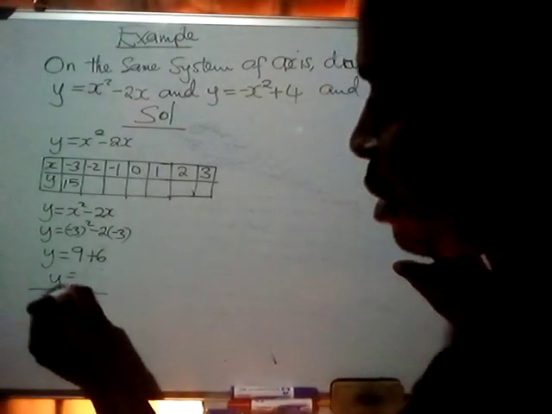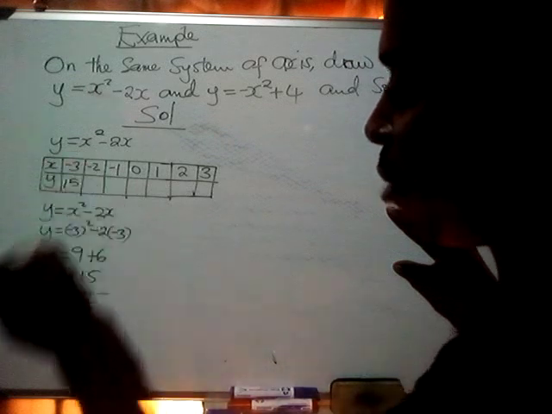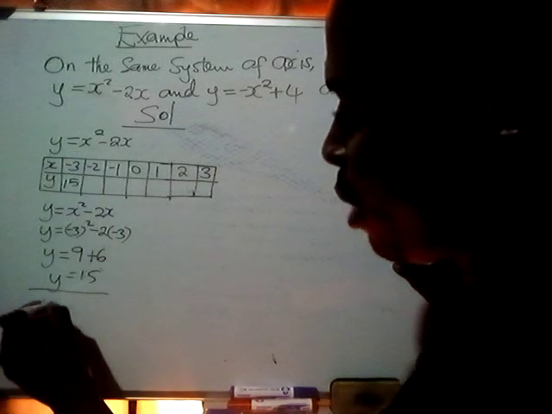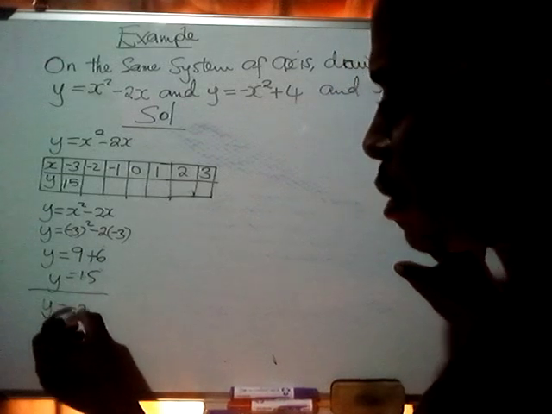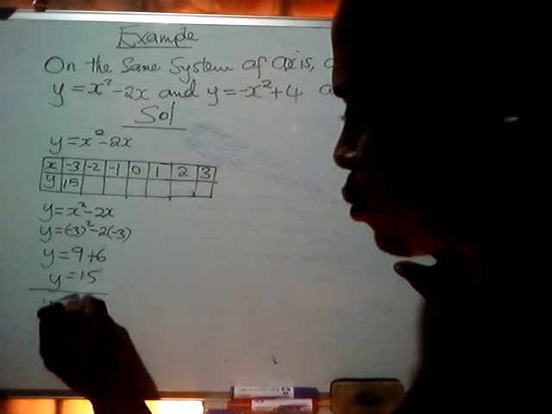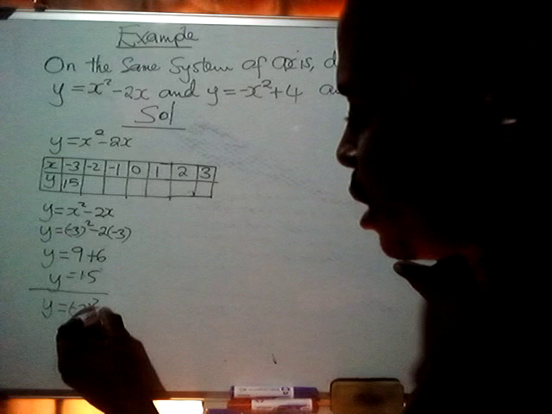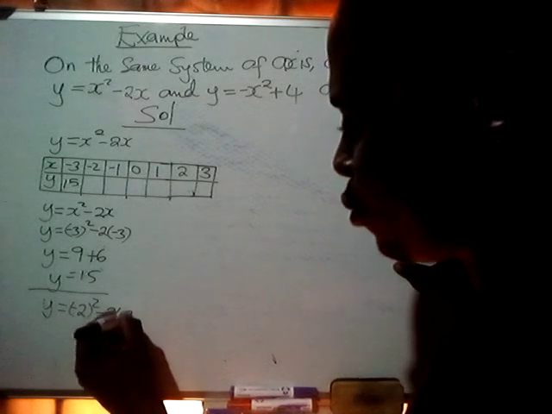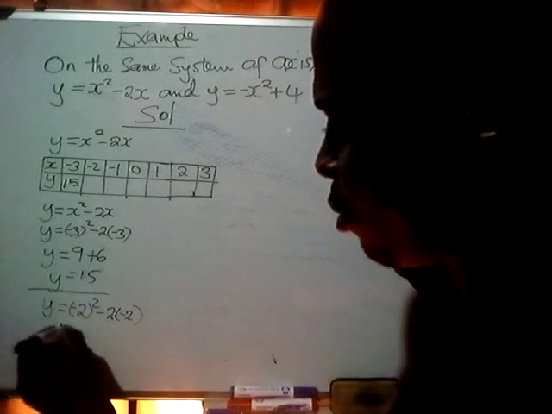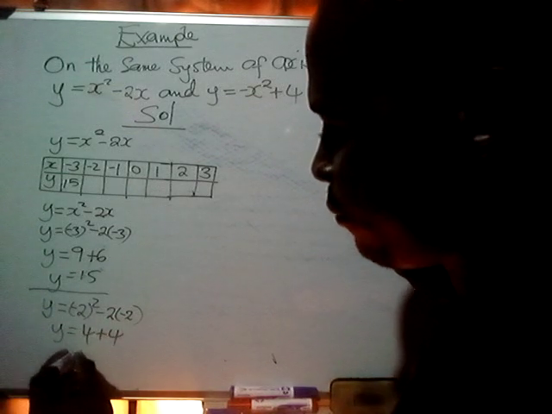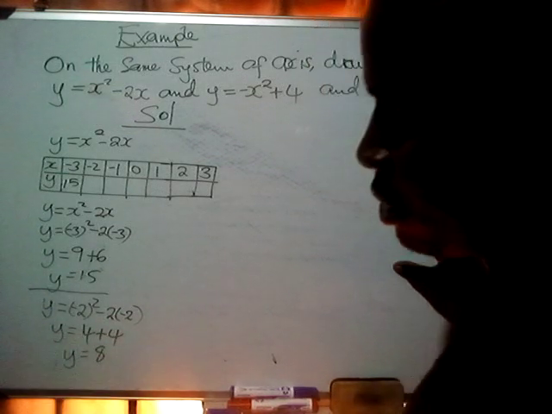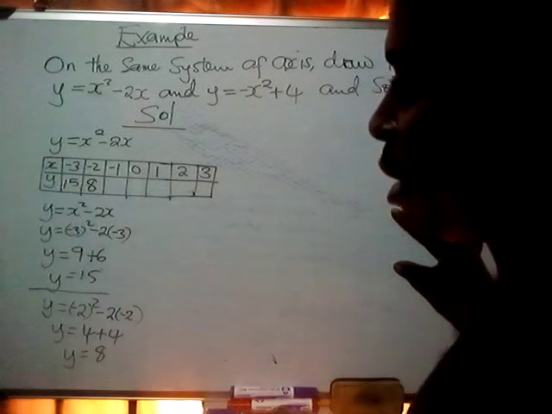Then we come to x equal to -2: y is equal to -2 squared minus 2 times -2. So the answer of y is 4 plus 4. The value of y will be 8. So you write the 8 there.